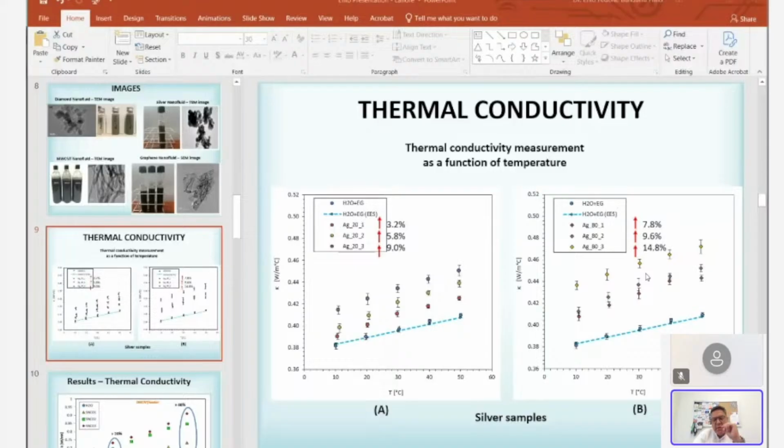Let me talk a little bit more now about facilities, about what we have in our lab. First of all, we have to understand the basics, I mean heat transfer, and how we can improve heat transfer using nanofluid. So we built this facility, a circulation facility to circulate the nanofluids inside the tube.